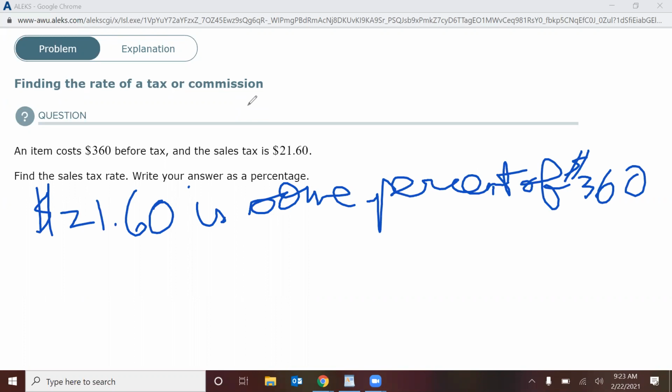And I apologize for the incredibly terrible penmanship. That's what closed captionings are for. But that is the gist of the problem.